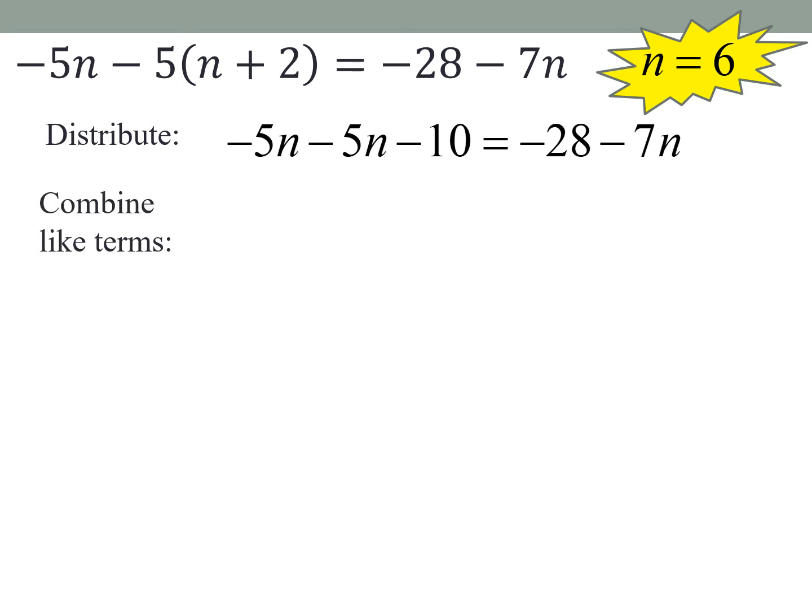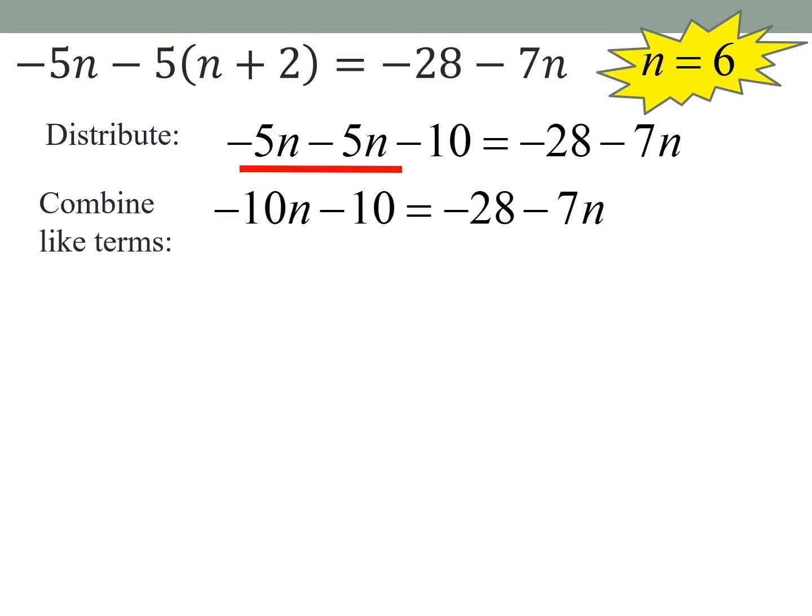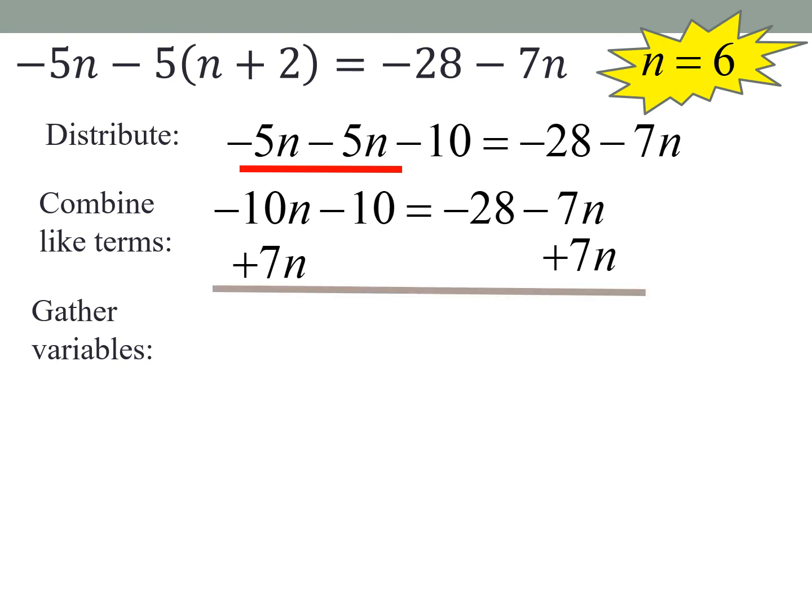And then you're going to combine your like terms, so you have two n's on the left side of the equation. So that'll give me negative 10n minus 10 equals negative 28 minus 7n. I want to gather my variables, so I'm going to take the 7n on the right side and add it to the negative 10n on the left side.